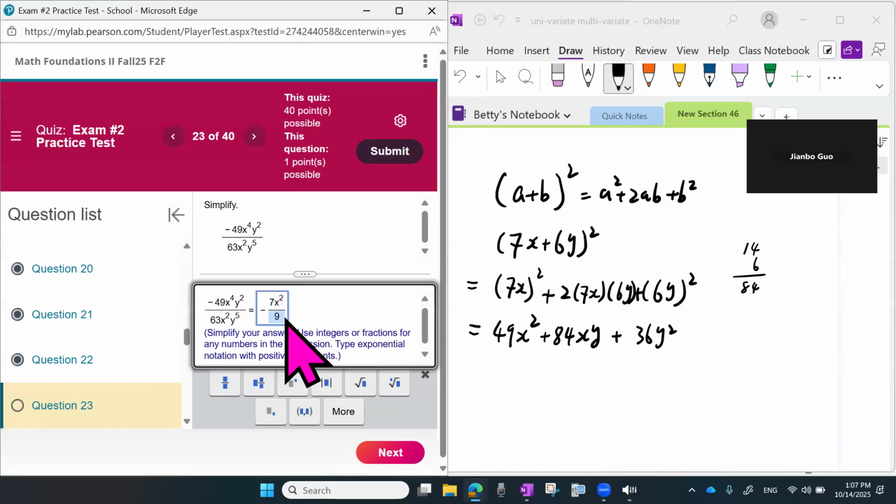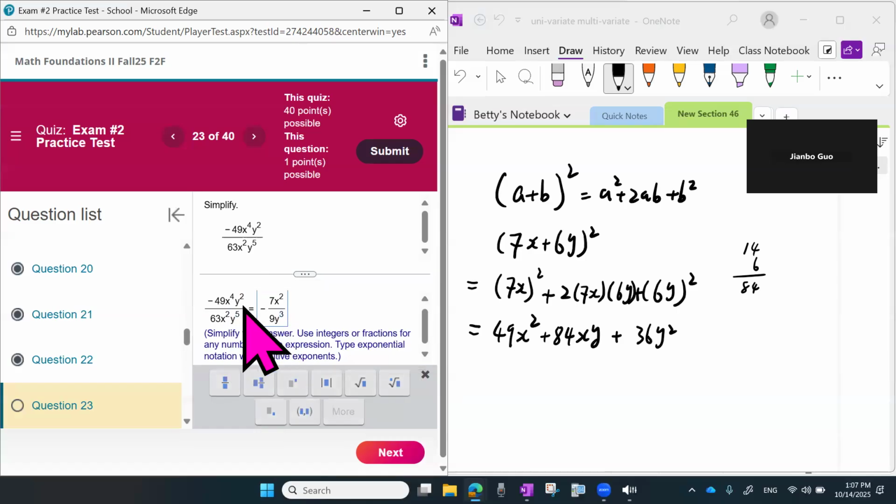And for y, we have a y squared in the numerator, we have a y to the power 5th in the denominator, so that gives y cubed in the denominator, okay? So I hope you see it. So basically you have x times x times x times x in the numerator. You have x times x in the denominator. So we cancel the two x's.